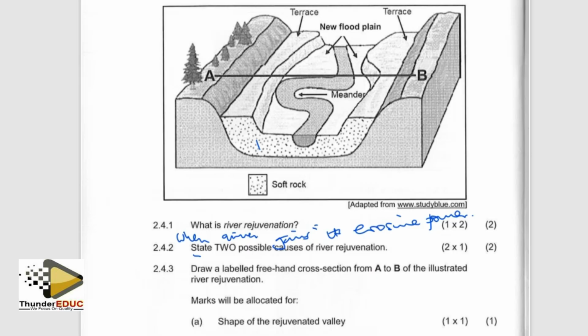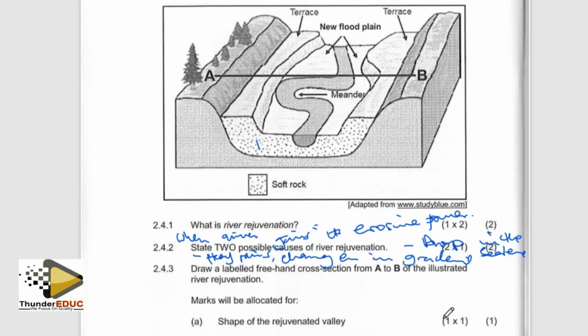Number one is heavy rains that increase the amount of water in the river, that allows it to flow faster. Then we can also say change in the gradient. When the gradient becomes steeper, the river will erode more. We can also talk about a drop in the sea level. All that assists rejuvenation to take place.